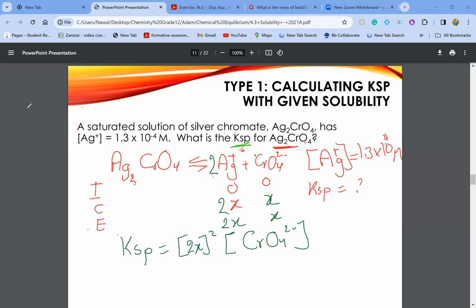Can we mix up as I did? No. Either I write the ions or I write the... Now I will substitute.